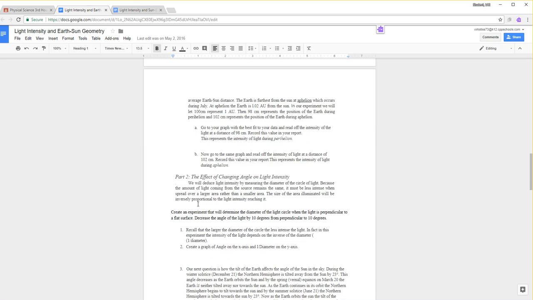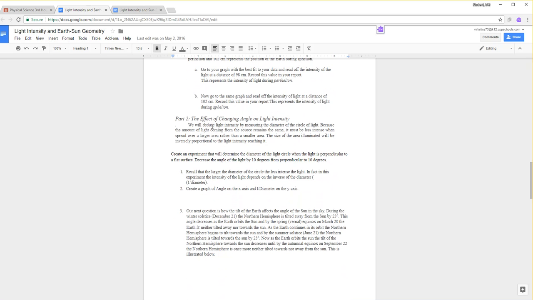And in part two, the effect of changing the angle, again, put down what we had and what the investigation plan there was. We had a flashlight, a protractor, and a piece of paper, and just describe what you did there. Nothing really too difficult to put together there.